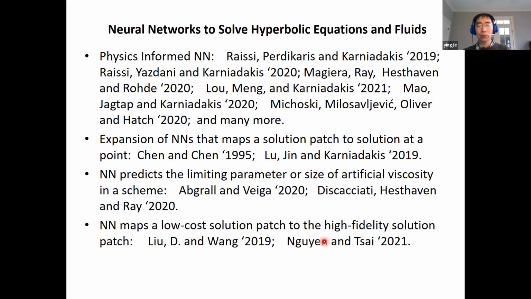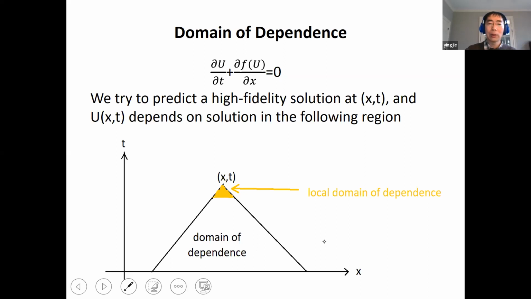We use the low-cost solution patch to predict the high fidelity solution patch, and the key point we are doing here is we use a local patch to predict the solution at a single point, rather than from patch to patch. This makes the neural network solver very local and therefore very easy to train.